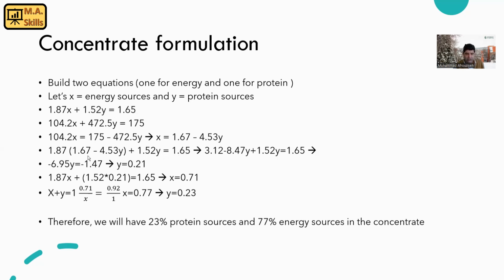Now, in this equation, the only unknown variable is Y, and you can find it easily.